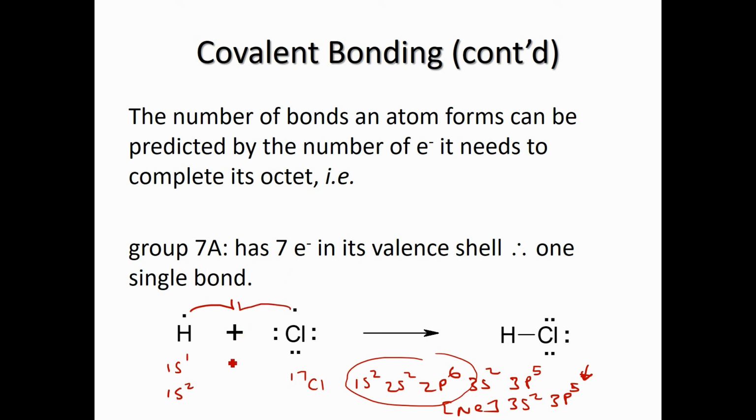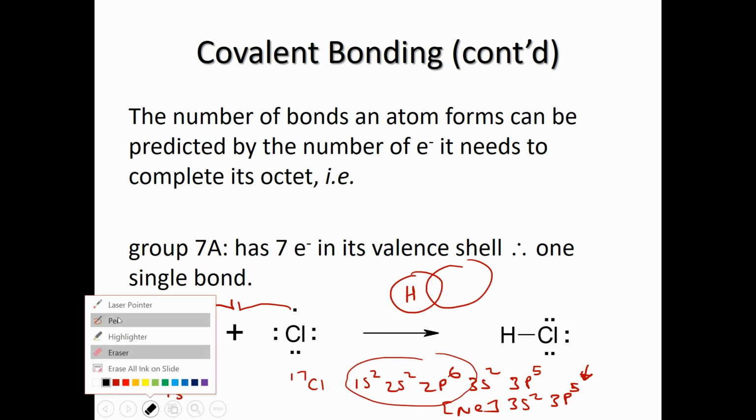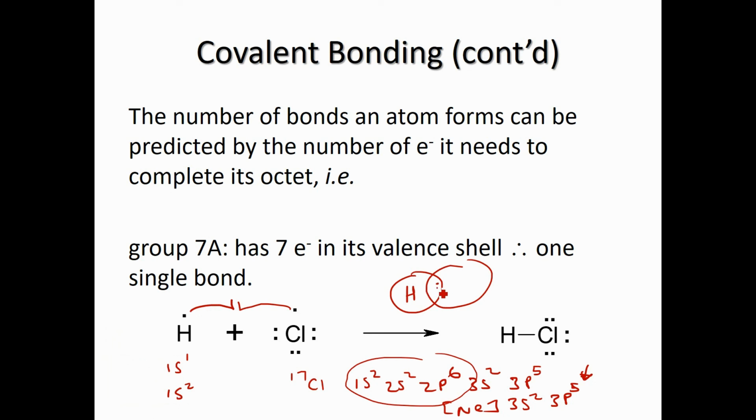So by sharing, hydrogen will now have 2 electrons, because this will be hydrogen right here. And in fact, in this case, I will draw these shared electrons very close to chlorine, because chlorine is farthest to the right and it has a high affinity for electrons. So considering hydrogen that it has 2 electrons, considering chlorine is gonna have 8 electrons.